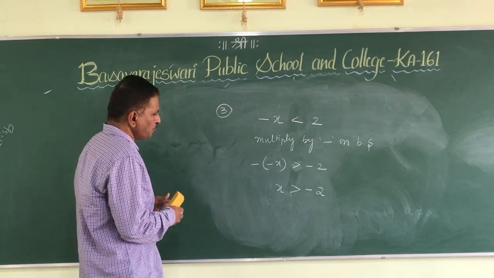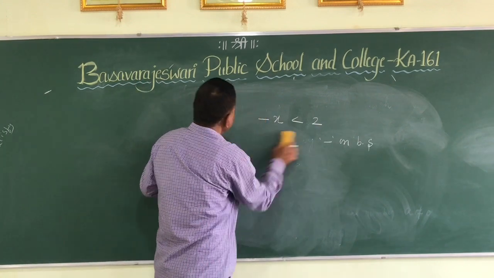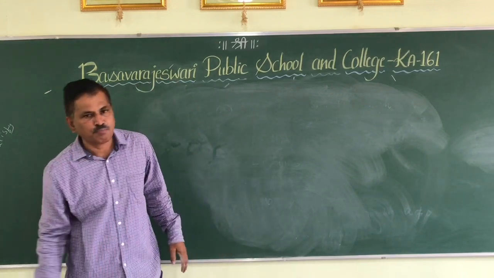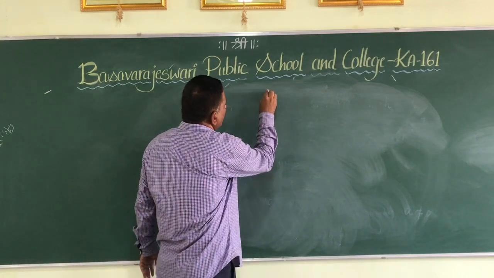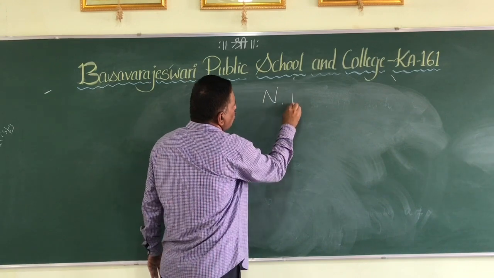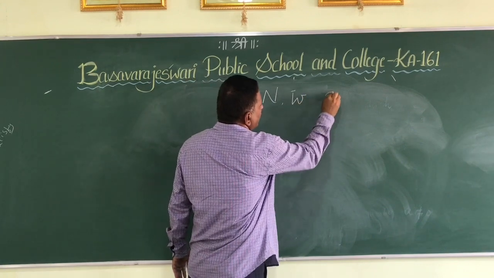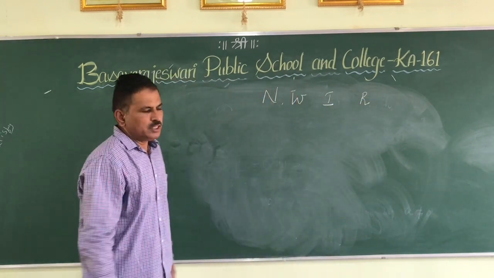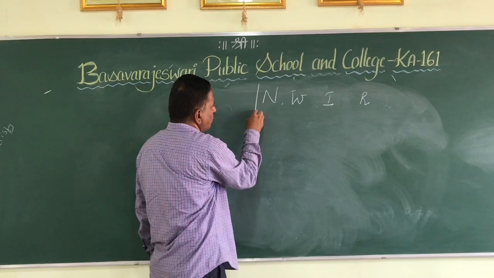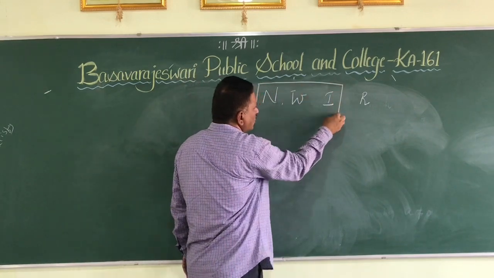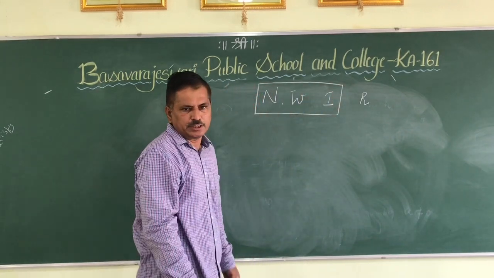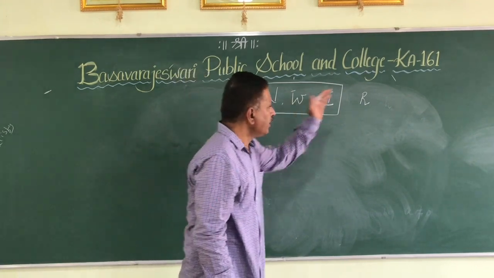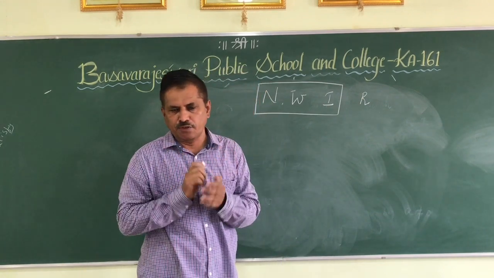After this, the next one is the graph of natural numbers, whole numbers and integers, even the real numbers also. The graphical representation of the natural number, whole number and integer in the linear inequation is the same. Only in case of real numbers it is different.